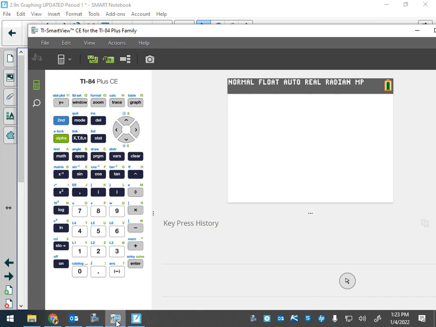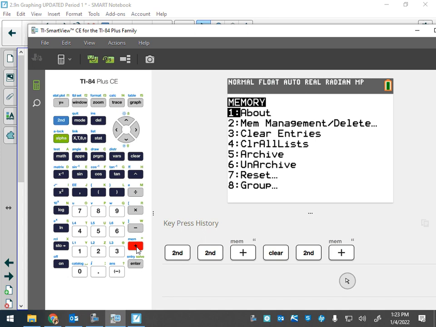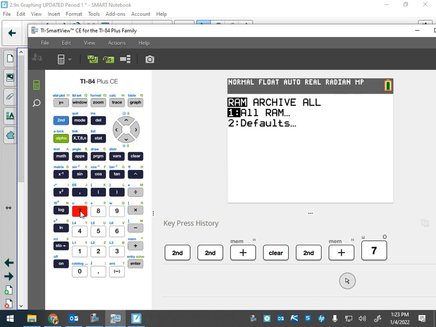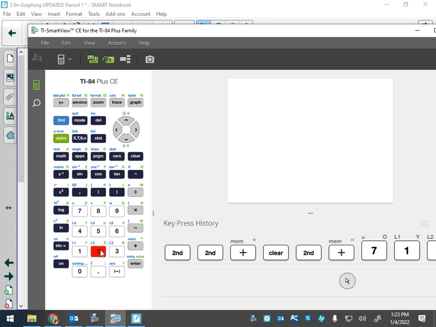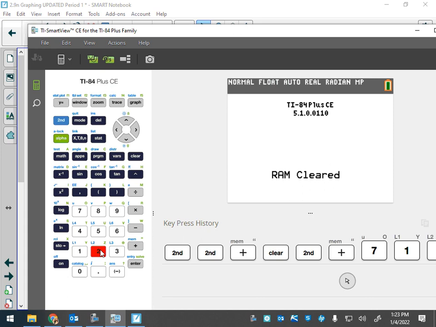Okay, so what we do, so everyone starts at the same spot, second plus sign, 7, 1, 2. Second plus sign, 7, 1, 2. Okay. What that does is just brings you to the normal screen. Everything's all set, so you don't have to sit there and clear and make sure things are turned off.